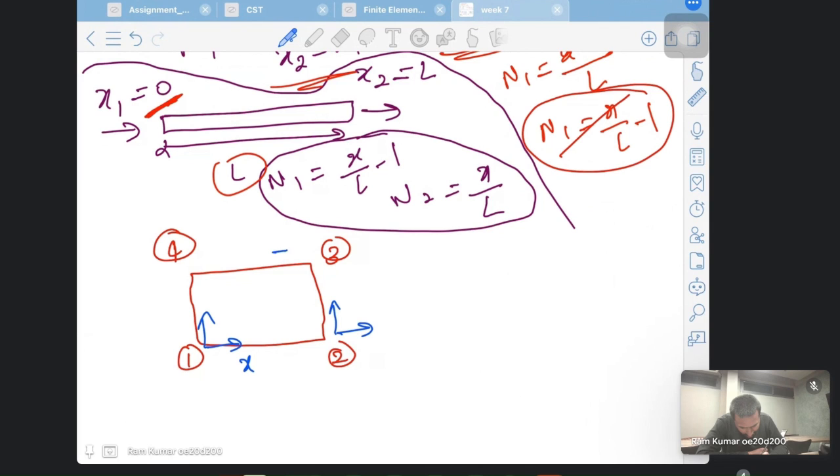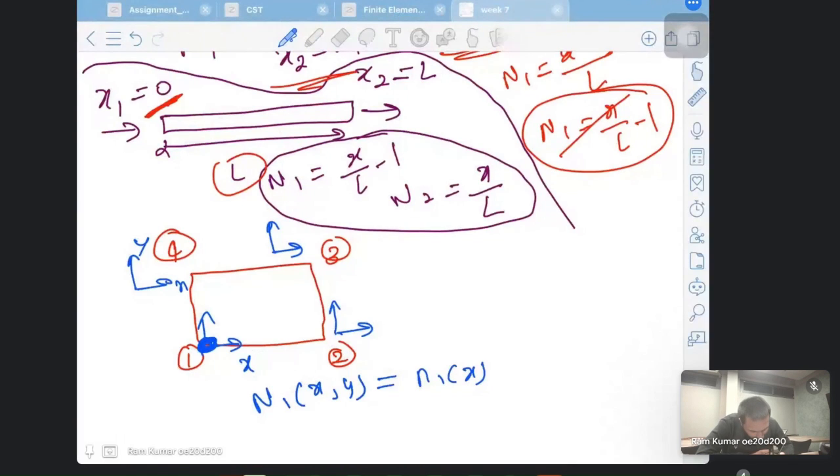For example, I am going to find the shape function for n1. It will have the effect of x and y. So n1(x, y) equals n1 in the x direction, and then n1 in the y direction.